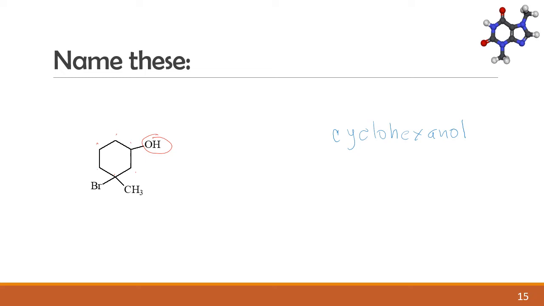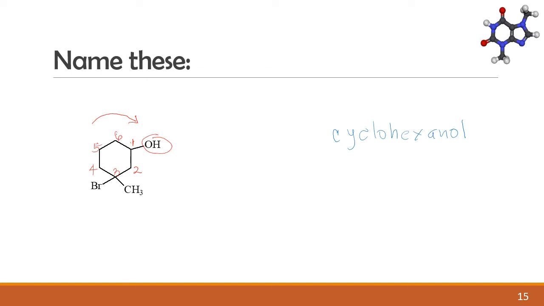The carbon to which the hydroxyl group is attached is automatically given the number 1. There are 2 substituents in this cyclohexanol. We have to number clockwise to give the substituents the next lowest number possible. So this is carbon 2, 3, 4, 5, 6.